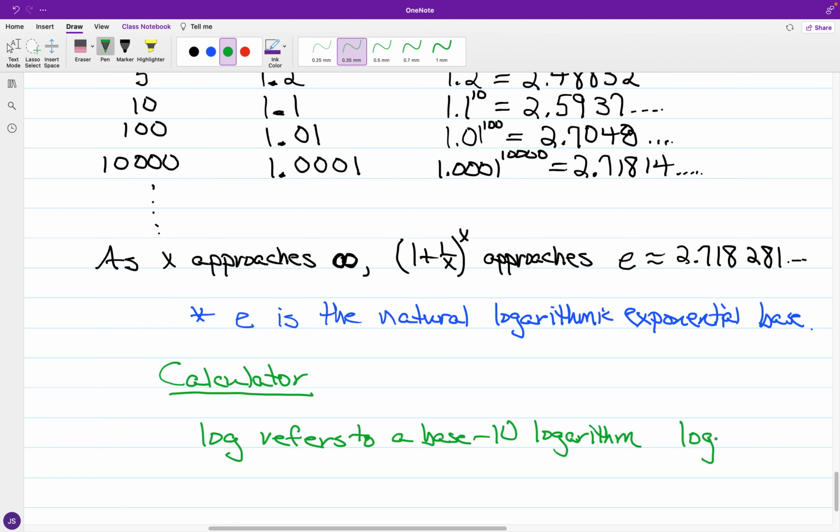Just like log of x is going to be log base 10, or the base 10 logarithm of x.